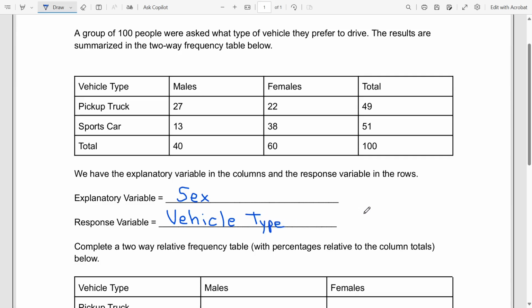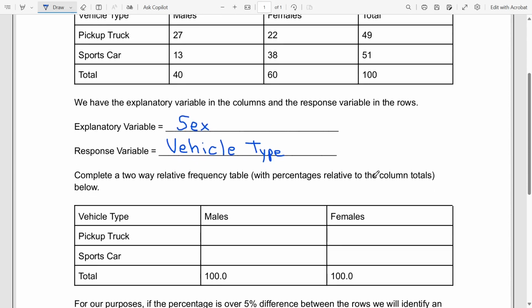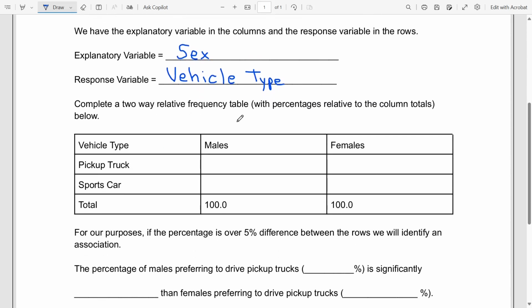Okay, so now when we compare these, we can't just compare straight across the rows because there's a different amount of males than females. So it helps us if we create a table where we have percentages where we can compare. So this next part here reads, complete a two-way relative frequency table with percentages relative to the column totals.